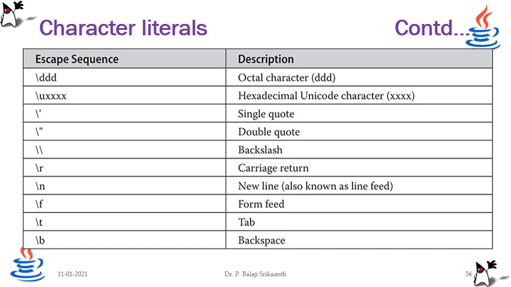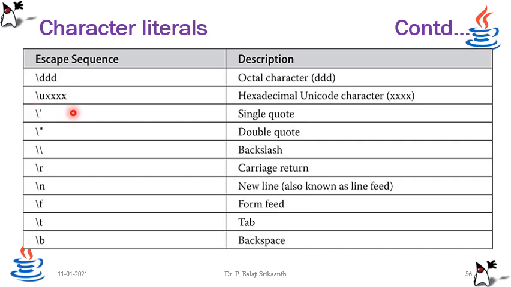This slide gives an idea of what escape sequences could be used. Backslash followed by 3 numbers is used for representing characters using octal values, and backslash u followed by 4 numbers is used for representing a hexadecimal Unicode character.